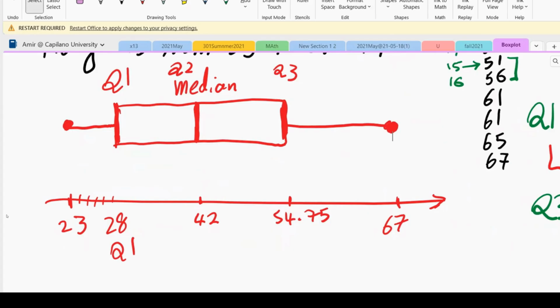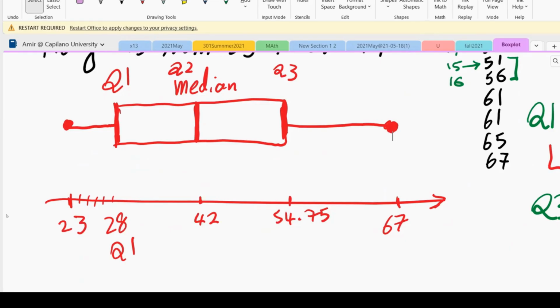Very good. Now, some other conclusions. What is the range of the highest 25% numbers? 54.75 to 67. Exactly.